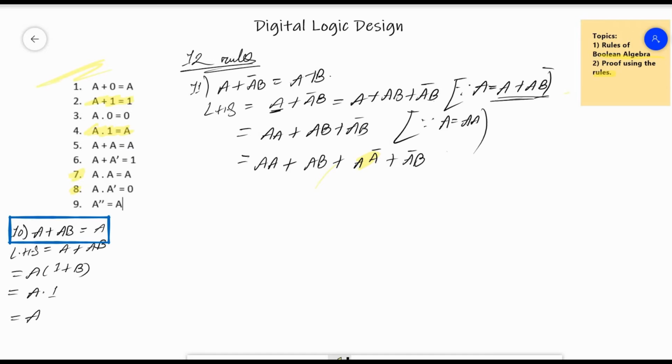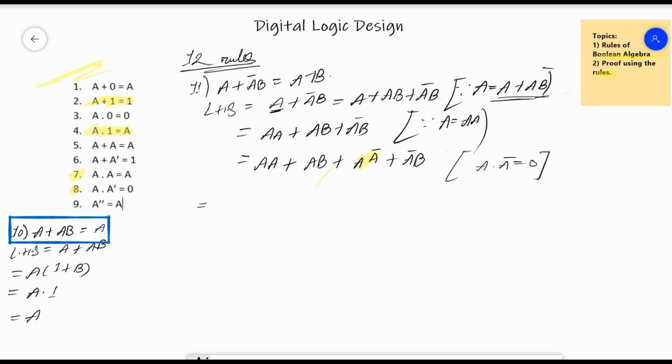So we brought it here for simplicity, and we can simplify it easily because of this. This one came from rule number 8, where it is said A into A bar is equal to 0, so it has no effect on the equation.